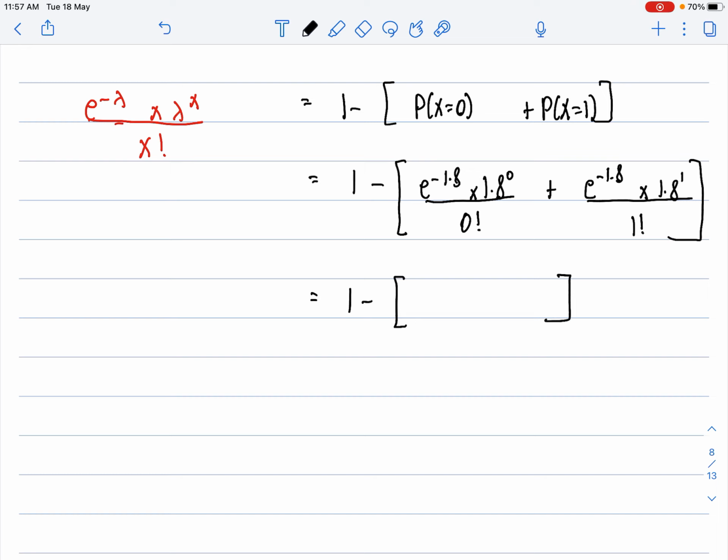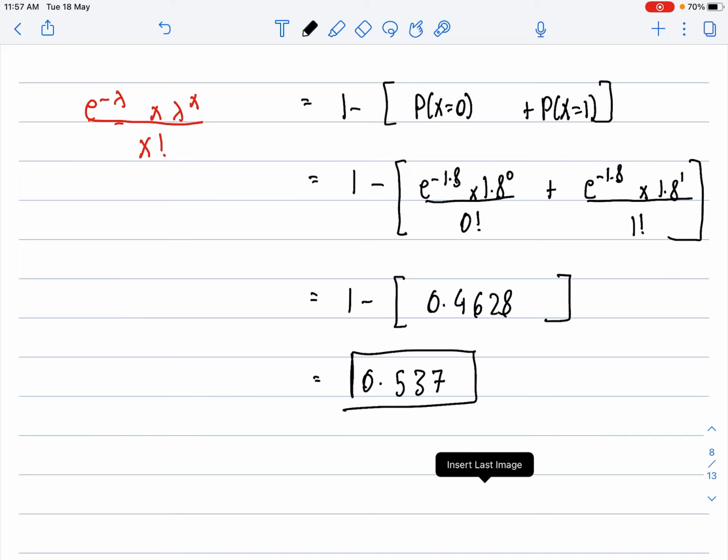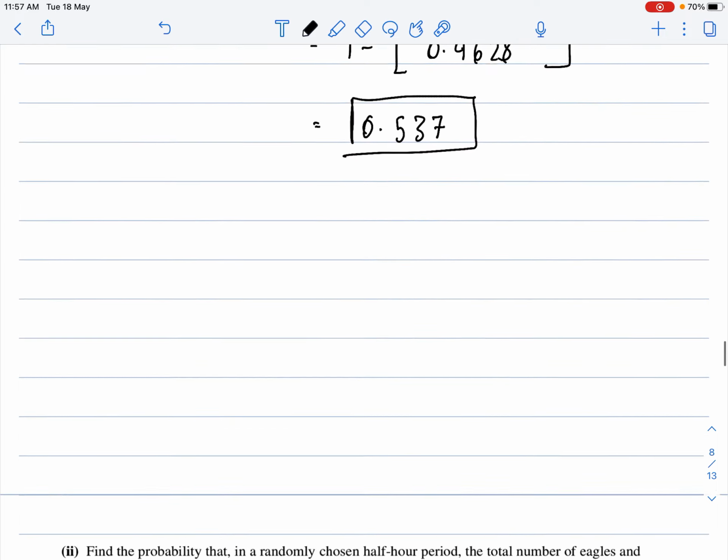Just 1 second, I'm using the calculator, yeah, this is what I can write. So I get my answer here as 0.4628. So now I need to do 1 minus that. So I'll get my answer as 0.537, which is the final answer of the question.